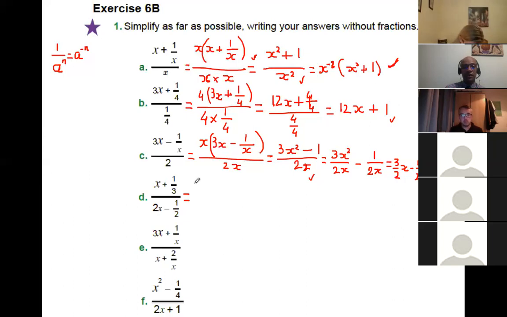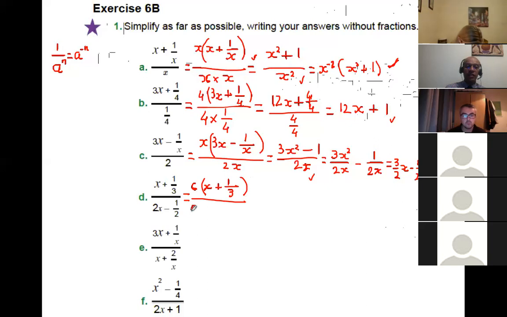So 2 times 3, which is 6, times x plus a third, divided by 2 times 3 again, 6, times 2x minus a half.